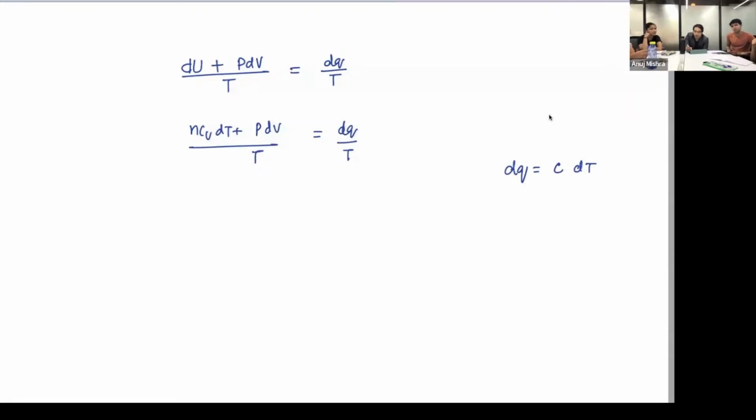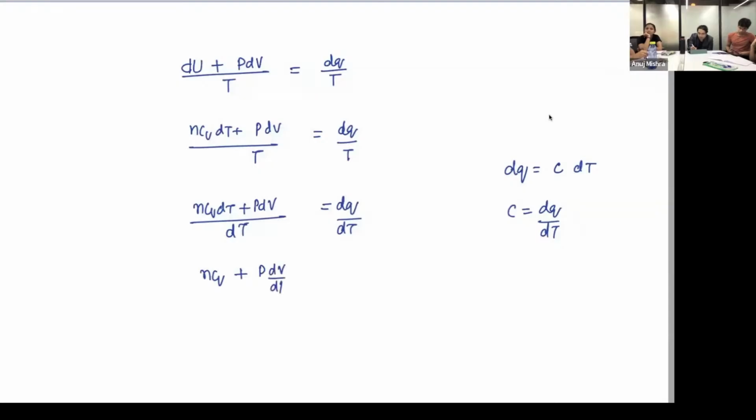Or can we write C is equal to dQ over dT? Now, just answer. If you say dQ is n Cv dT plus P dV, dQ upon dT is this upon dT. What is this term? This becomes n Cv plus P dV upon dT is C.